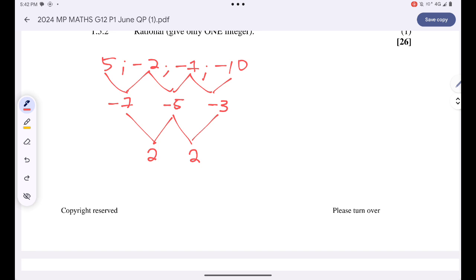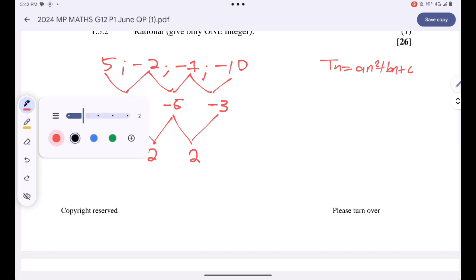Are you together? So for me to find the nth term of this sequence, I need to find the values of A, B, and C. But how can I do that?